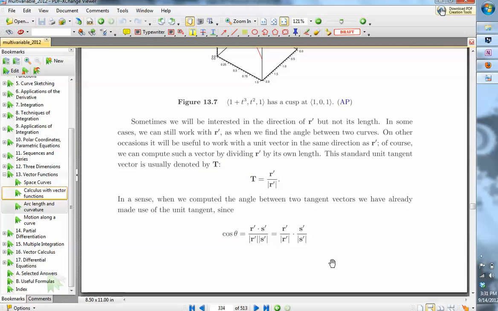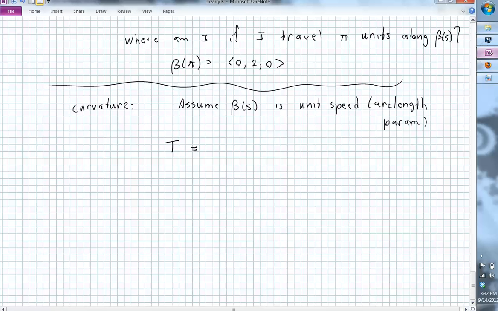There it is. Except I'm doing it on beta, right? So it's what? Beta prime over the magnitude of beta prime? I know, I'm getting there, Lila. So in this case, the unit tangent vector for a unit speed curve is easy to compute. It's just beta prime.